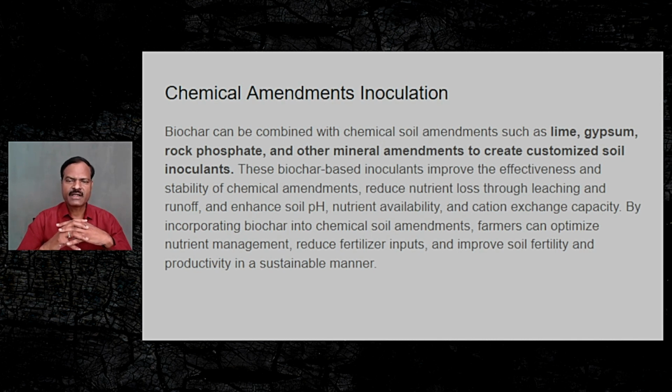Biochar can be combined with soil chemical amendments such as lime, gypsum, rock phosphate and other mineral amendments to create customized soil inoculants. These biochar based inoculants improve the effectiveness and stability of chemical amendments, reduce nutrient loss through leaching and runoff, and enhance soil pH, nutrient availability, and cation exchange capacity.